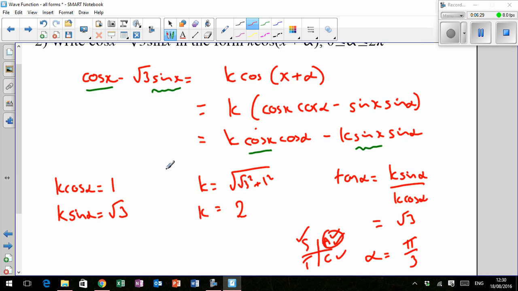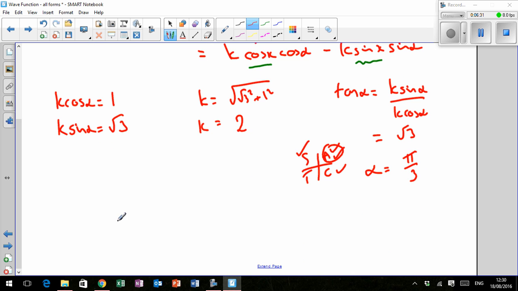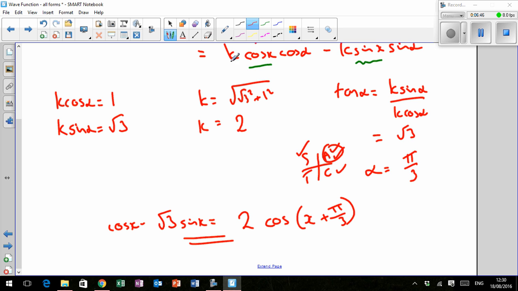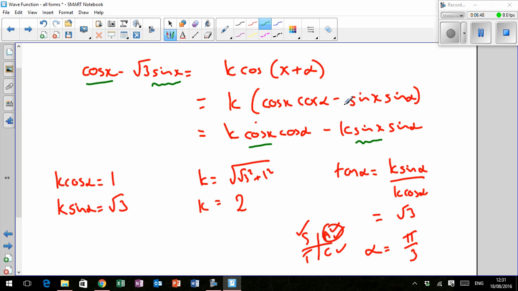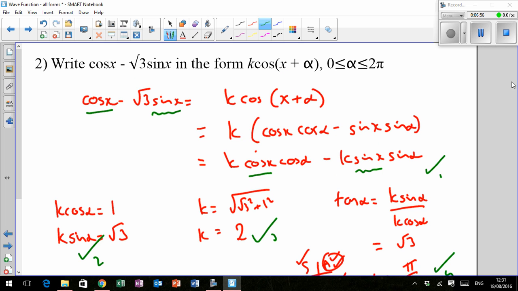Okay, so cos x minus root 3 sin x really means 2 cos(x plus pi over 3). Let's go back to marks very quickly. I'm sure you can guess it by now. There's your first mark, there's your second mark, there's your third mark, and there's your fourth mark. Perfect. Any issues, give me a shout. Thank you.